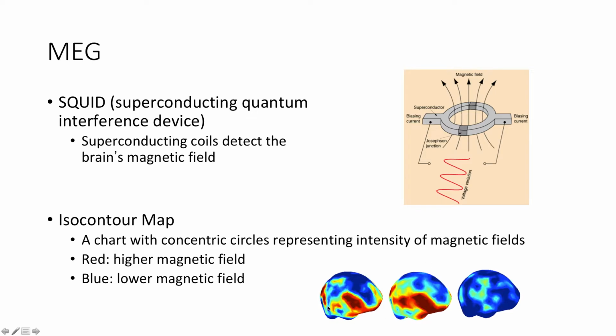Here in red, you can see there's a higher magnetic field compared to the blue. These maps allow investigators to calculate the location of the neurons generating the field in 3 dimensions, as you can see in this picture right here.